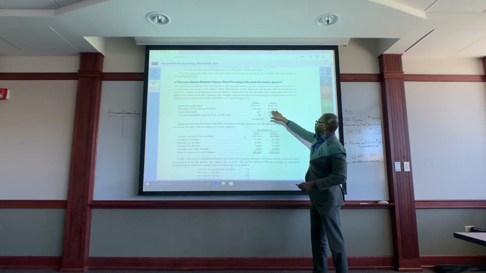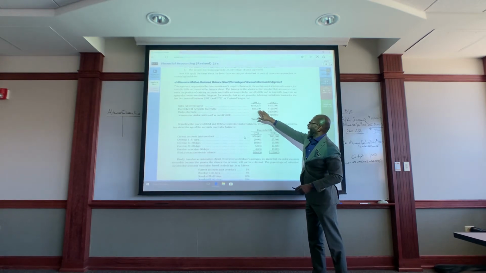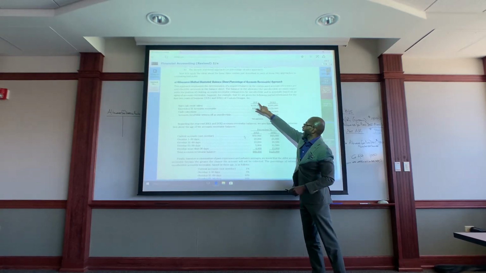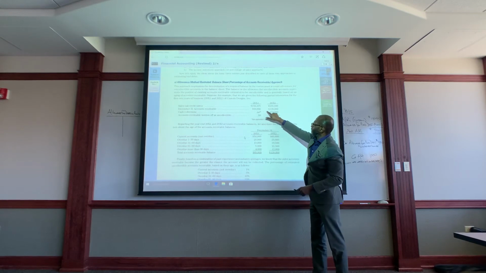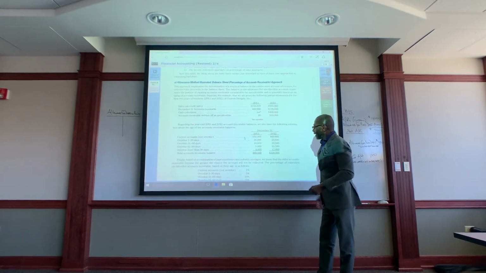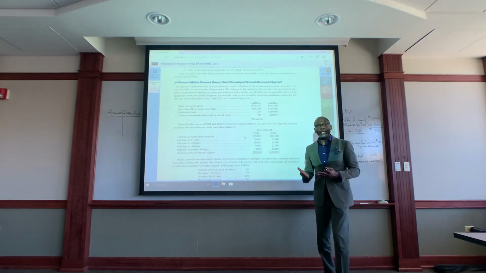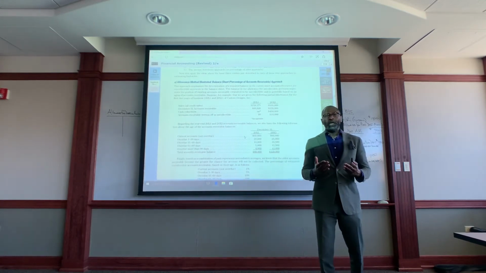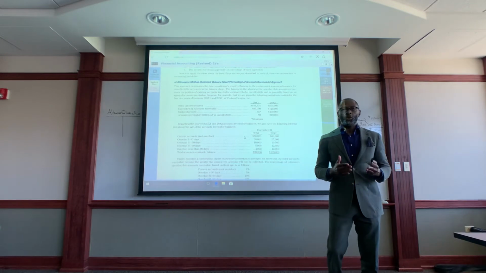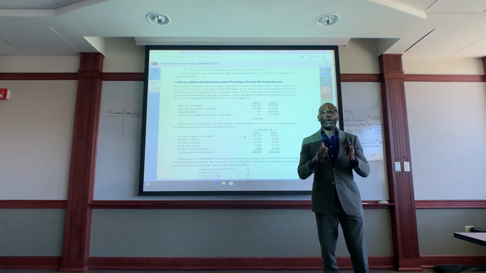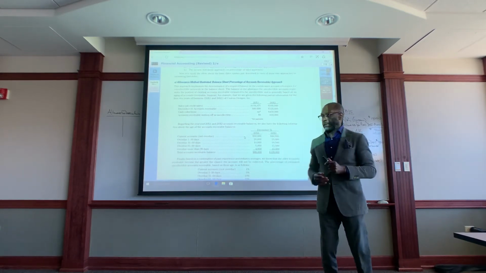These are the control account ending balances. What we've done is take the accounts receivable in X1 and X2 and break them into the number of days outstanding.